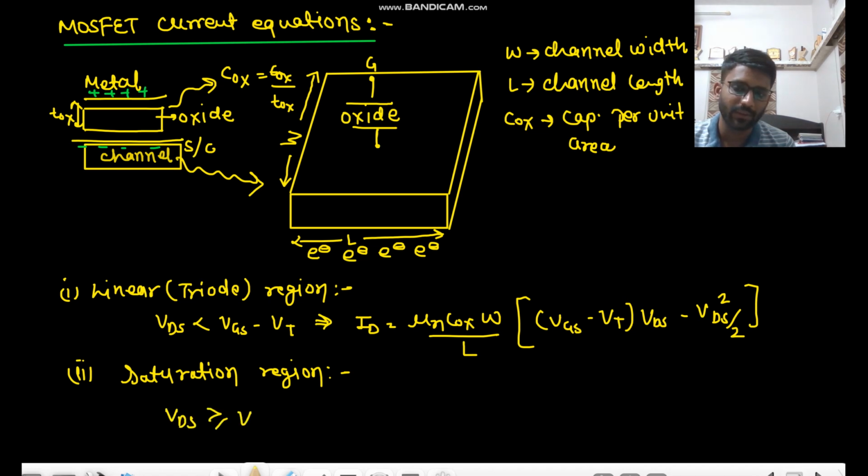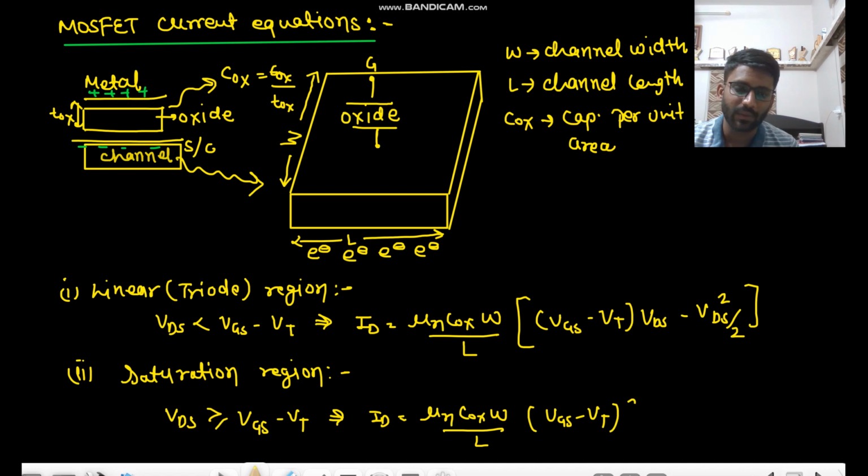VDS is greater than or equal to VGS minus VT. That means your ID will be mu n COX W by L, VGS minus VT whole square by 2, and that 2 can come here.